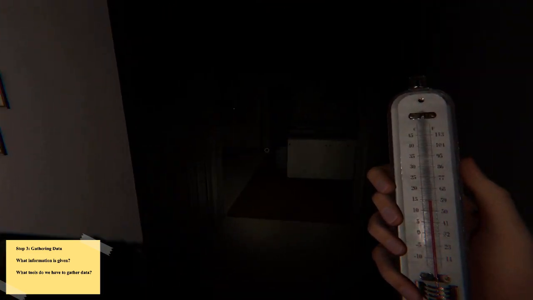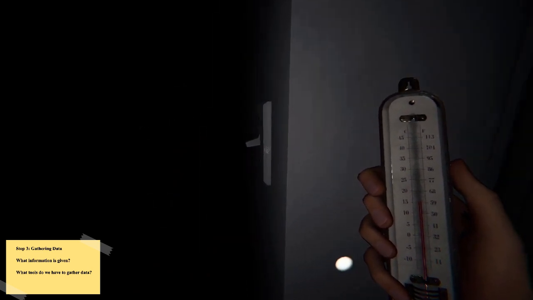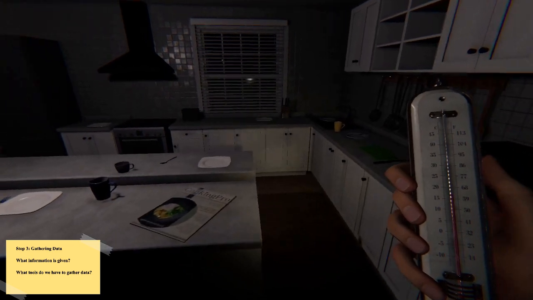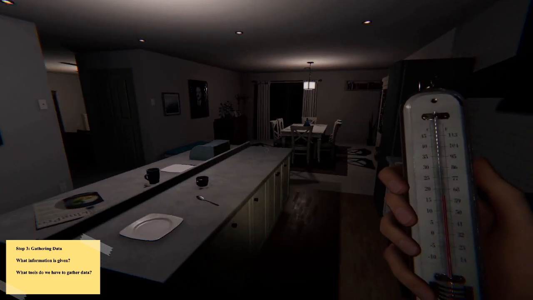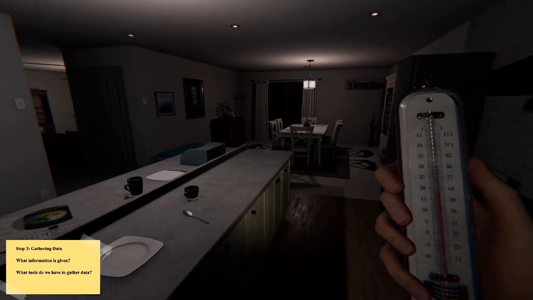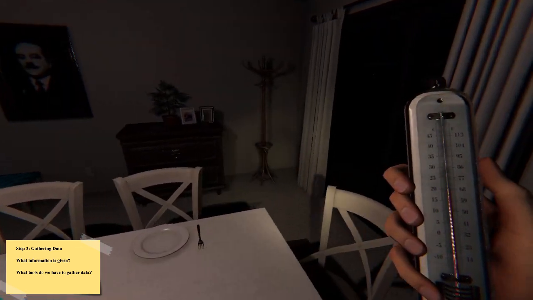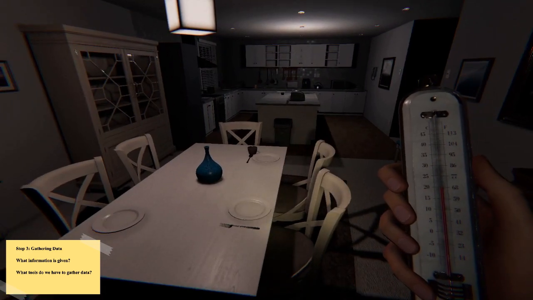Okay, so we're looking to see that temperature drop. We're going to go room to room. Right now we're in the kitchen. Let's see what happens. The temperature is going up, so unlikely that it is a kitchen ghost. Let's come over here to the dining room.